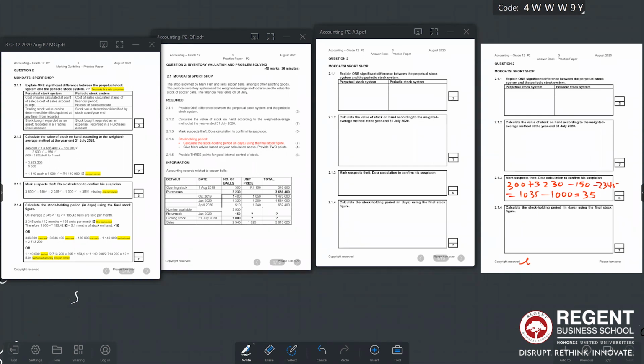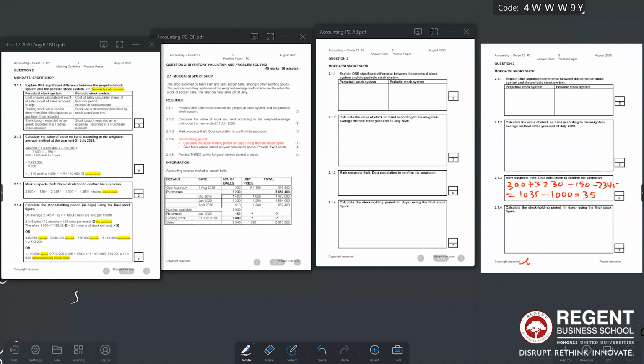Now, if you look at the memo, it might be confusing to some of you, but listen to what I'm saying. I'm going to explain some things to you over here. I need the value of my closing stock.